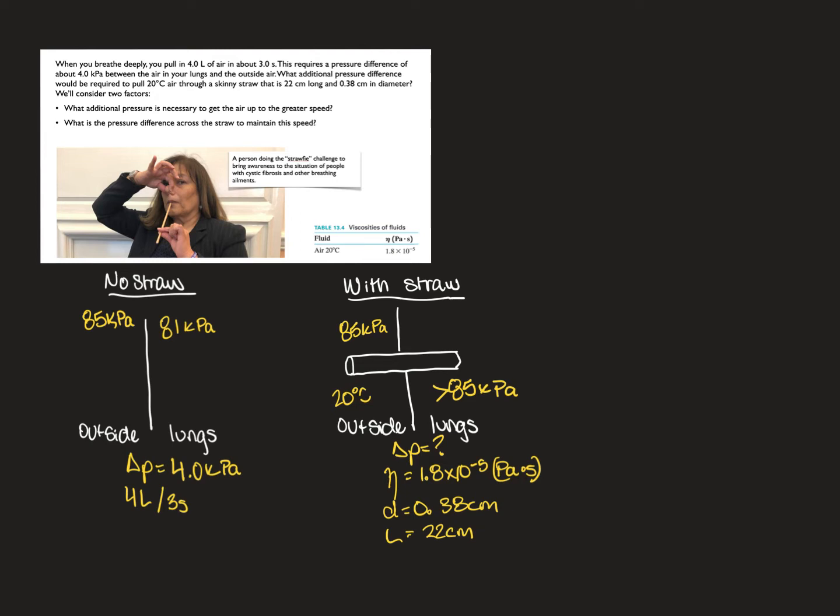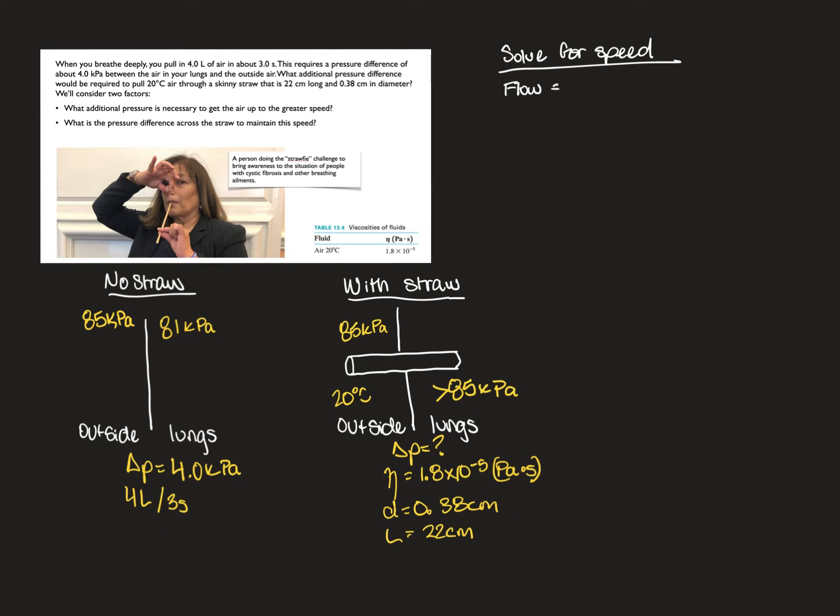Okay, so first we're asked, what additional pressure is necessary to get the air up to the greater speed? Well, first we need to look at speed, so we're going to solve for speed. If we're talking about speed, we're probably talking about flow.